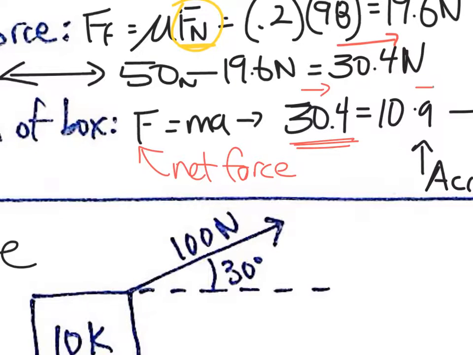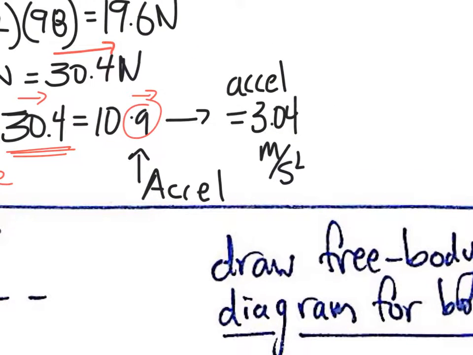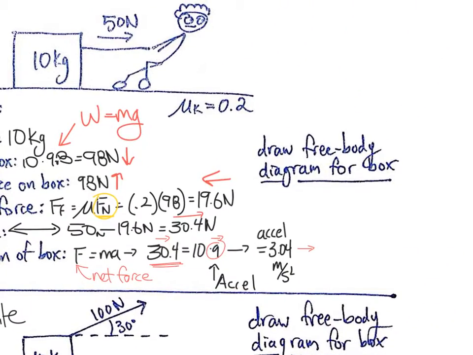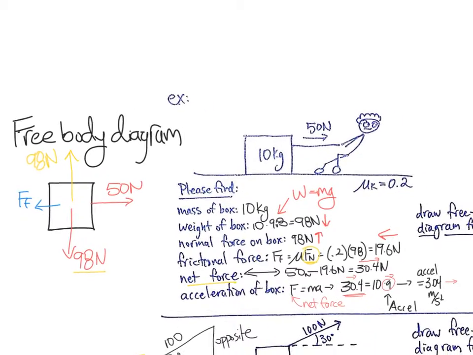We could maybe make arrows. This is an A right here. So 30.4 newtons equals mass, 10 kilograms times acceleration, and we end up with an acceleration of 3.04 meters per second squared, and that would be to the right. Okay. Free body diagram, we have that over here. So I think we're good on that one.